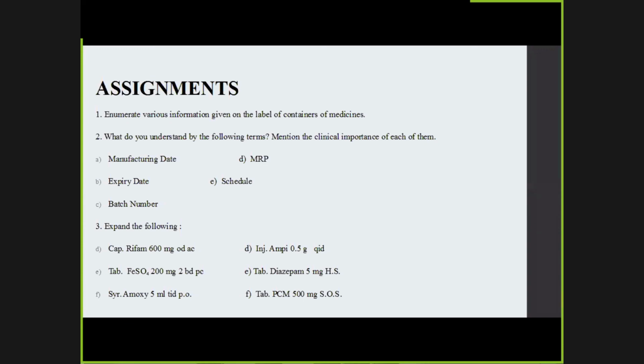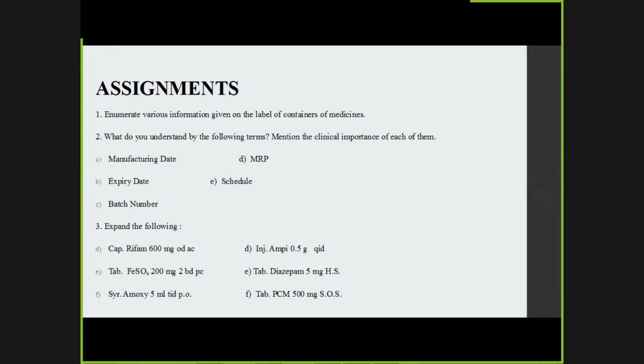An example is FeSO4, that is ferrous sulfate. So dosage form, dose of the dosage form, the drug itself, either by brand name or generic name, dose of the drug, and the entire frequency as to when it is supposed to be given. So those things you are supposed to write as assignments. Expand the following.